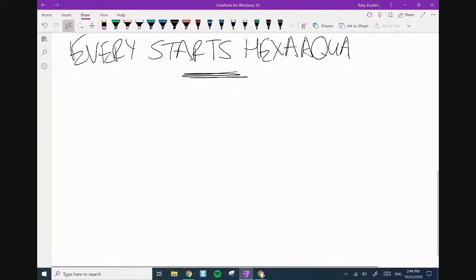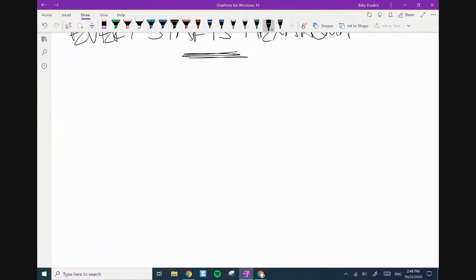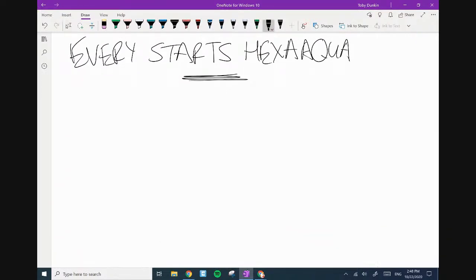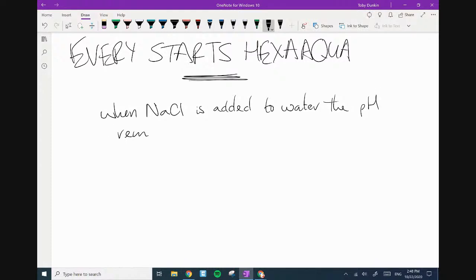The first observation, so strange observations. When sodium chloride is added to water, the pH remains unchanged.